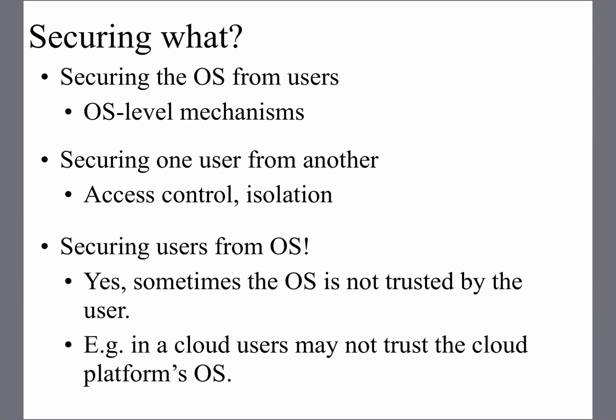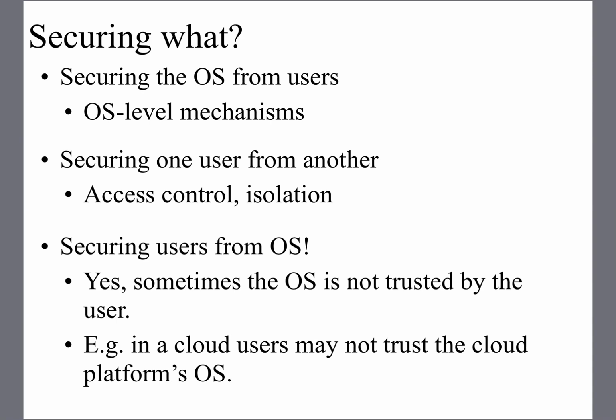CIA is all very nice in concept, but what does it mean as far as the OS is concerned? Usually we think about security as a threat model. What are we protecting against whom? Who is trusted and who is not trusted?